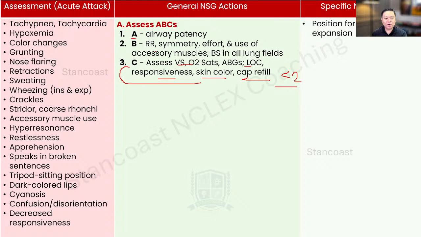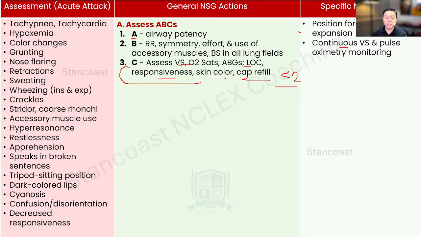So what are we going to do in this stage when the patient has compromised ABCs? We're going to position them in an upright position. Have them sit at 90 degrees to allow lung expansion, and also make sure that we are continuously checking their vital signs.